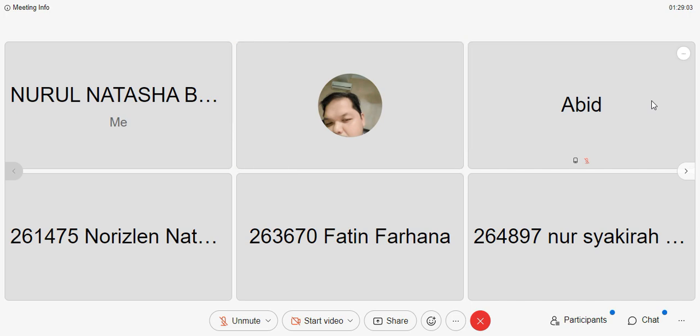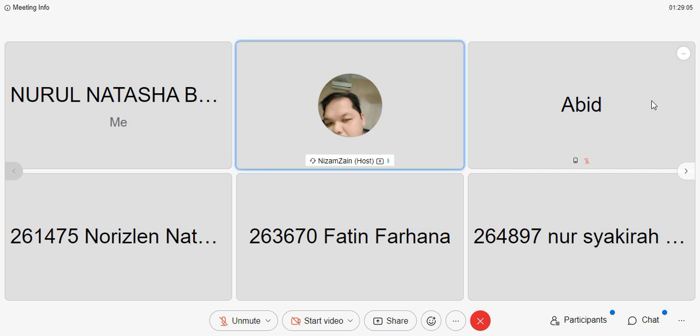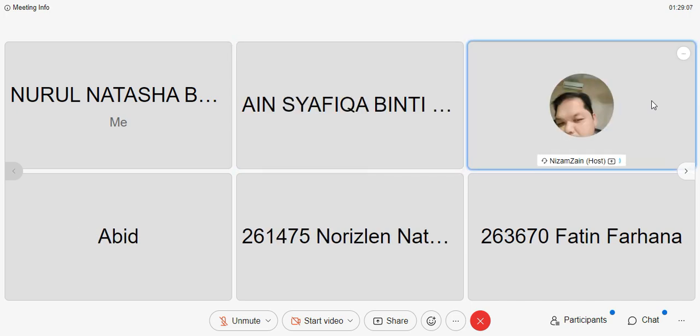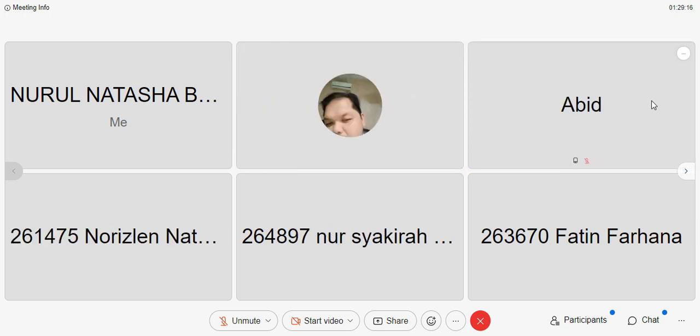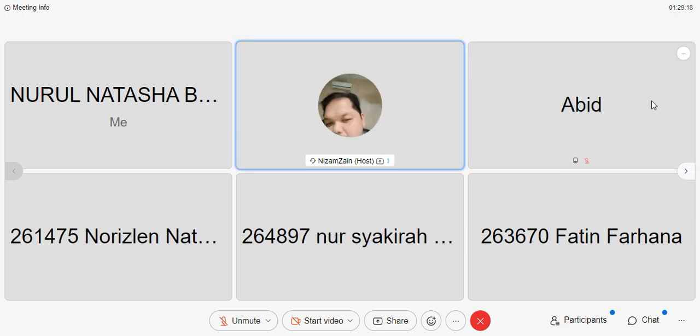Where's Ain? Yes, sir. What did you say Incoterms was just now? Oh, sets of guidelines. It's a guideline, but the Incoterm means international commercial terms.